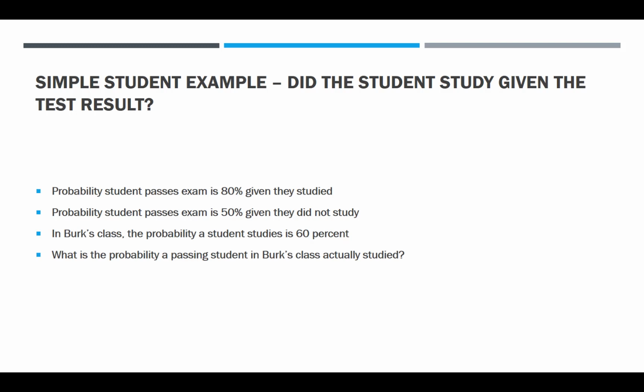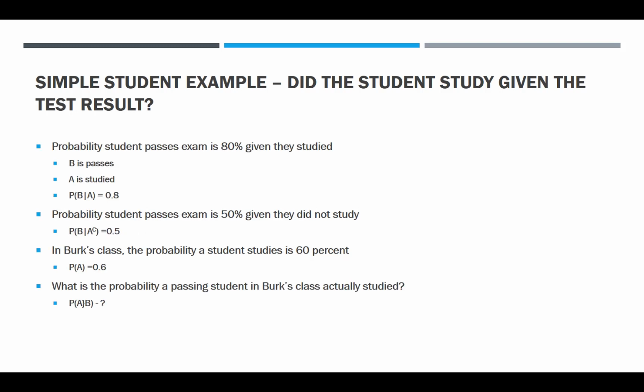In my class, the probability a student studies is 60%. All right, so the question we're trying to answer is, what is the probability a passing student in my class, Burke's class, actually studied? All right, so let's break this down.